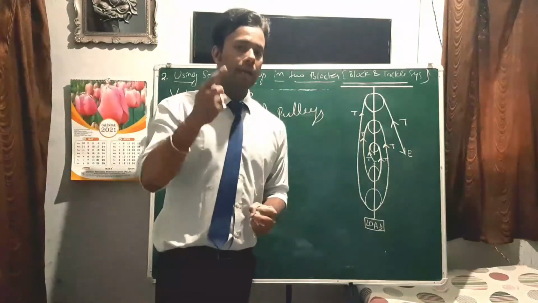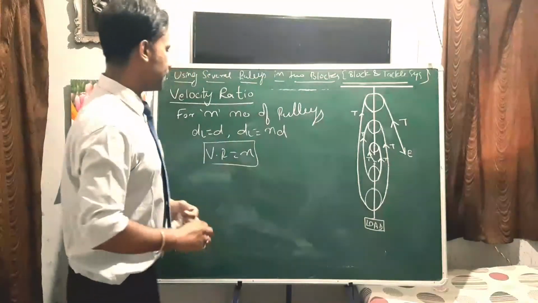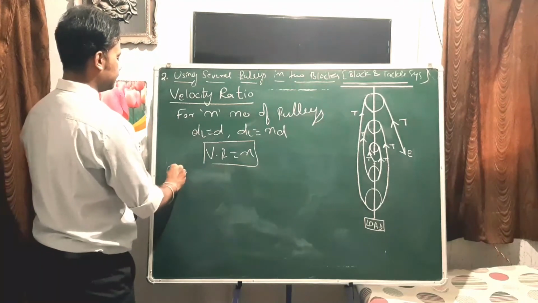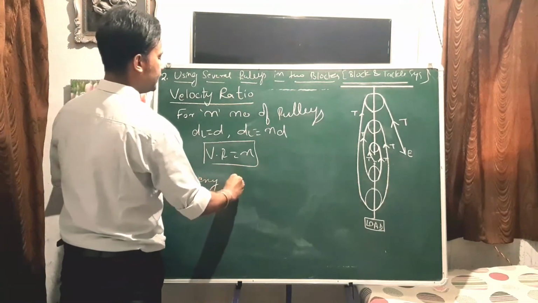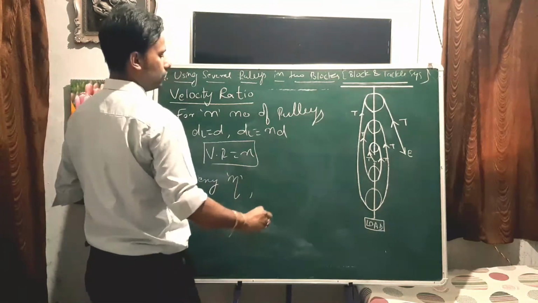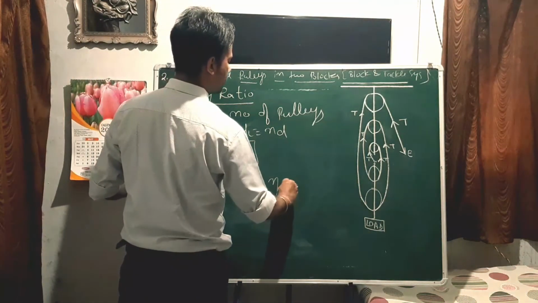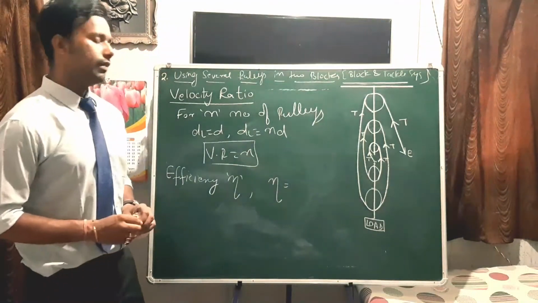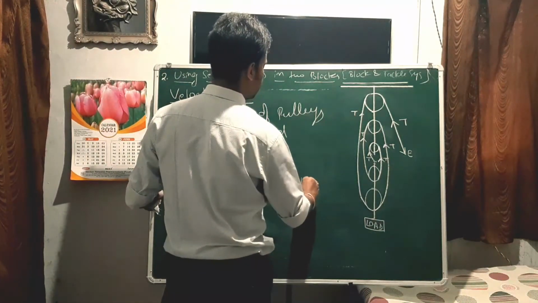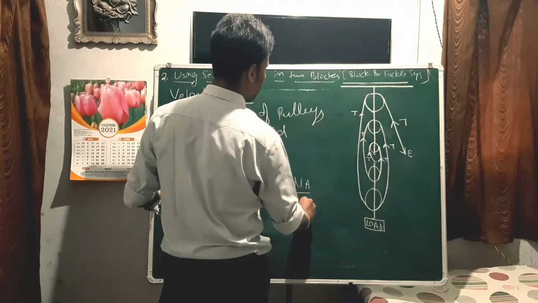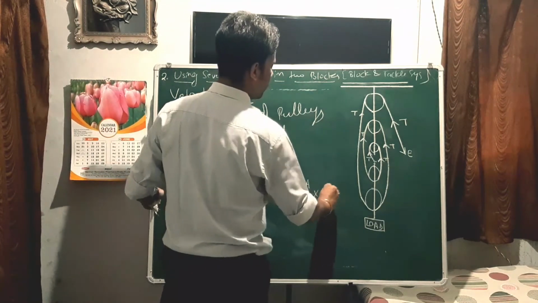Let's see the efficiency of the system. The efficiency eta. You know that eta is equal to mechanical advantage upon the velocity ratio, MA upon VR into 100.